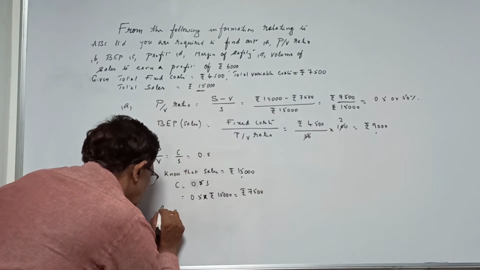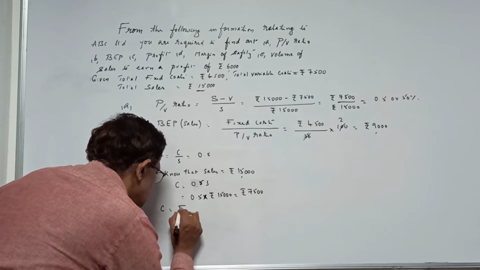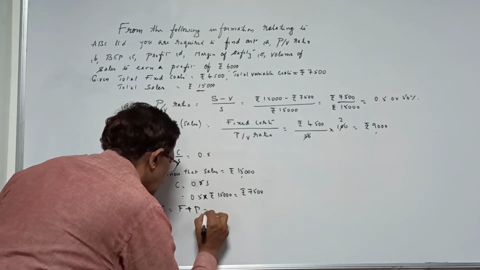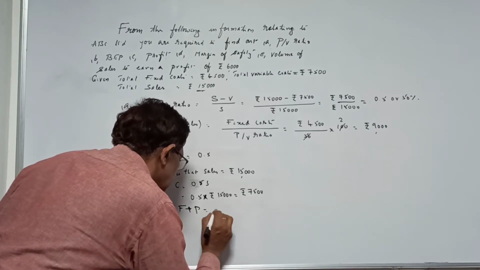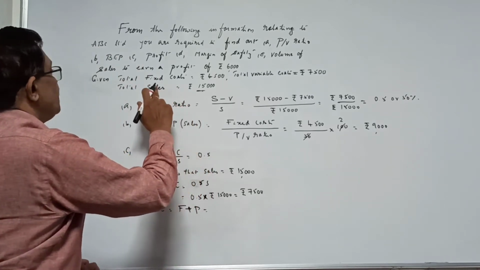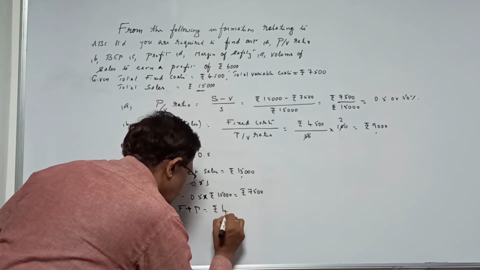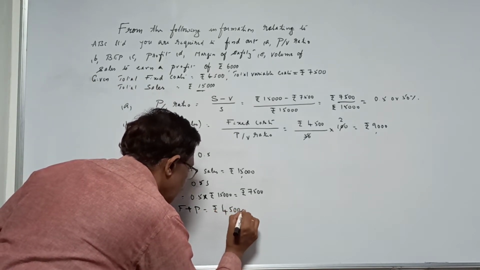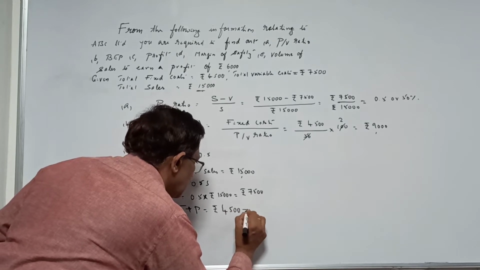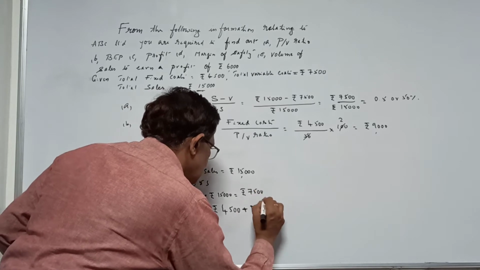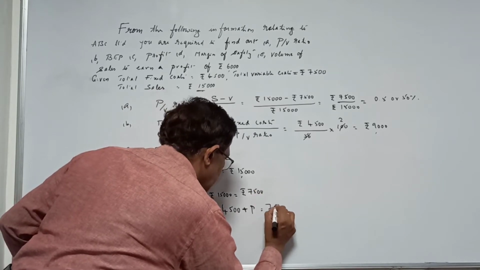And we also know that C is nothing but F plus P, and we also know that F is given as 4,500 rupees. 4,500 plus P, which is nothing but 7,500.